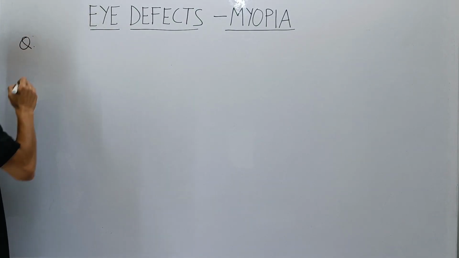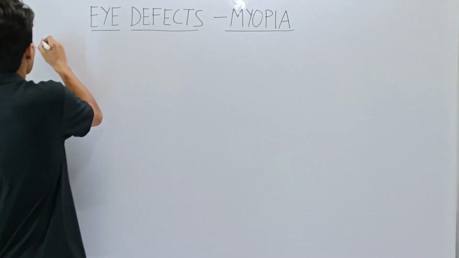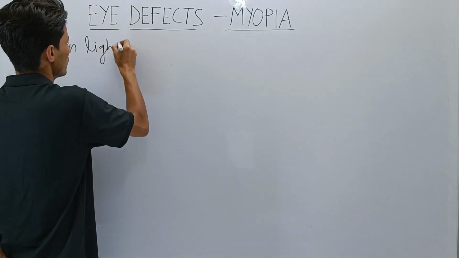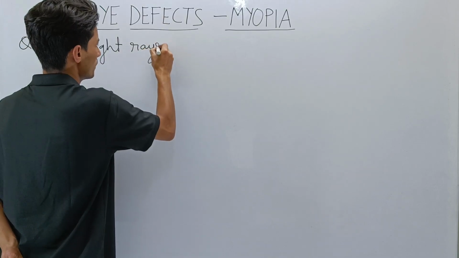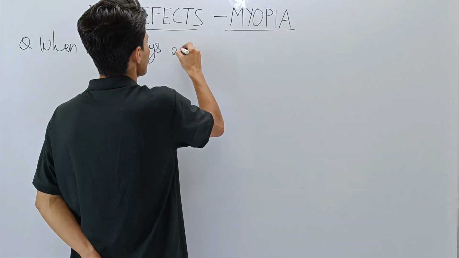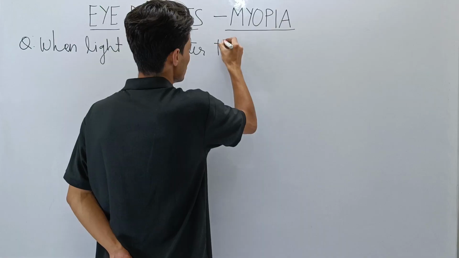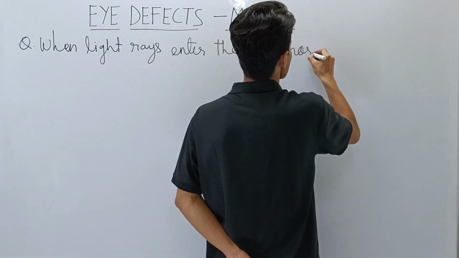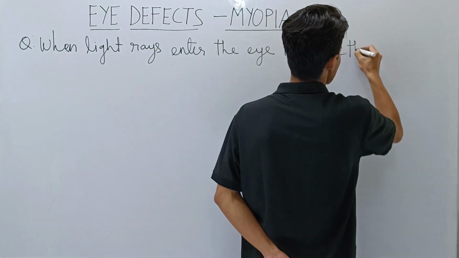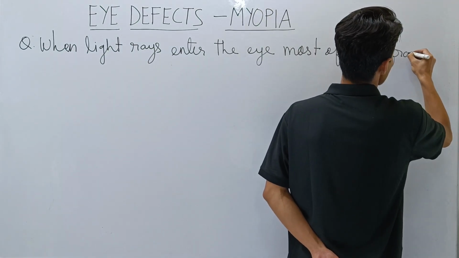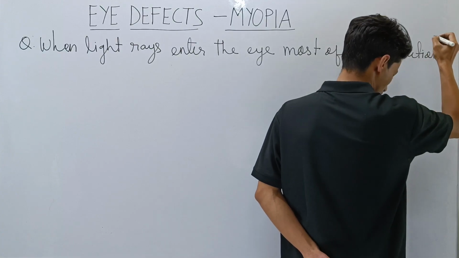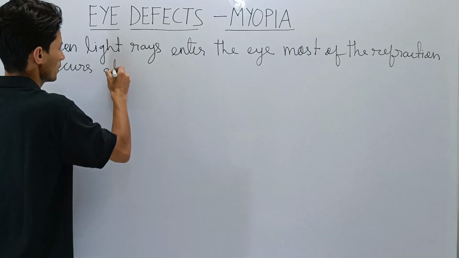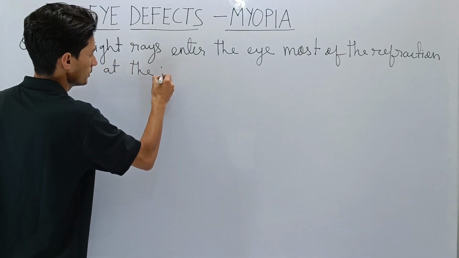So the question for today is: when light rays enter the eye, most of the refraction occurs at the.